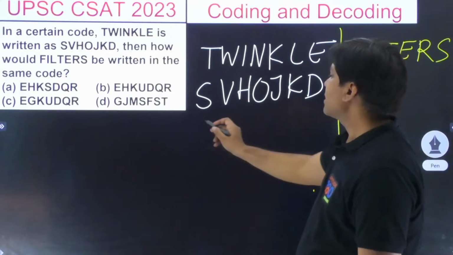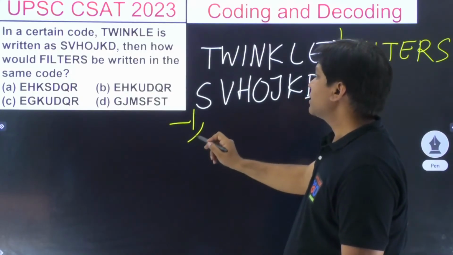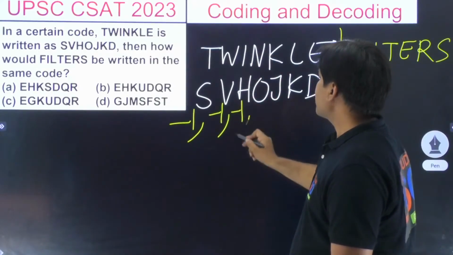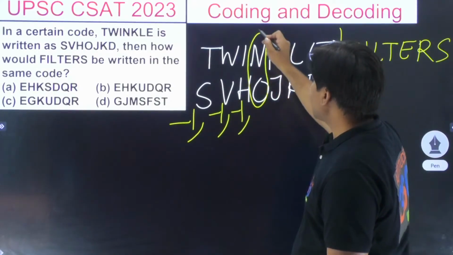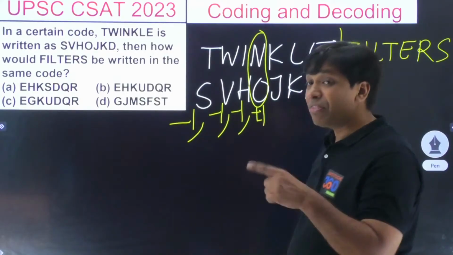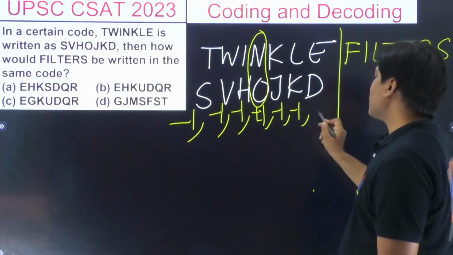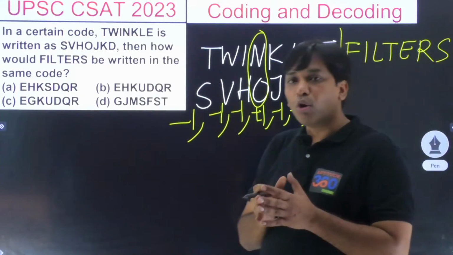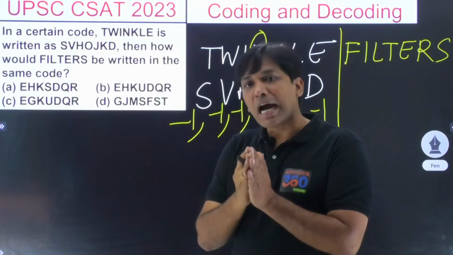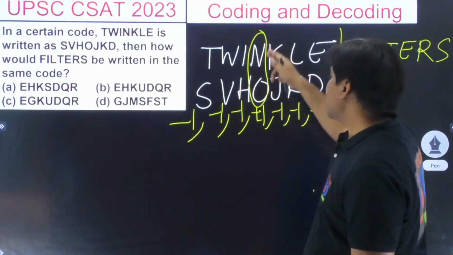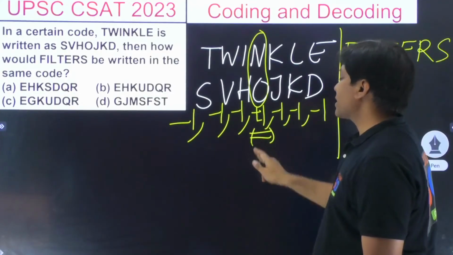So what is this? -1, -1, -1, N to O, देखना, ये बस यही गड़बड़ हो रहा है. NO +1, -1 and then -1 and then -1. So what is happening is all the alphabets are moving backward by one step, but the middle one is moving one step in the forward direction.